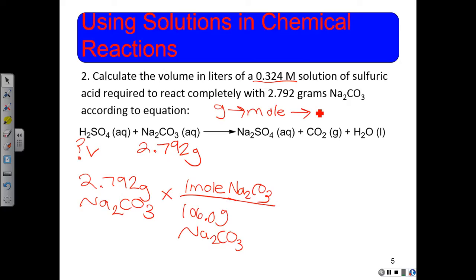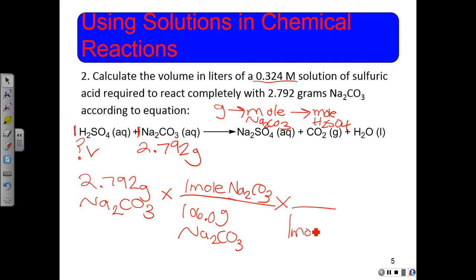Then we're going to go from moles of our sodium carbonate to moles of sulfuric acid, because that's what we're trying to find. To do that, we know we have 1 and 1, so it doesn't really change anything, but we're going to put that in here anyways, just to show it.